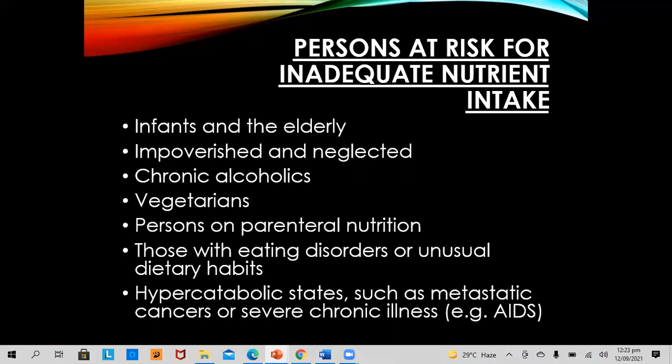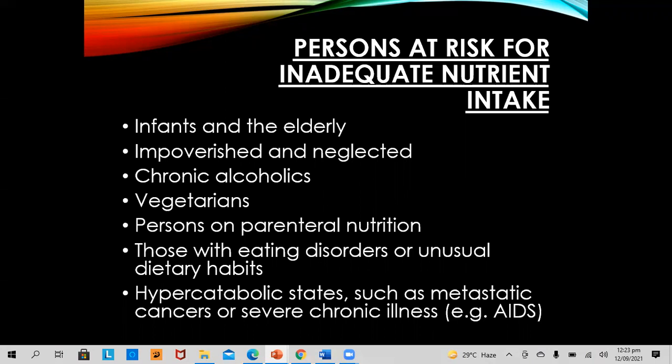Who are the persons at risk for inadequate nutritional intake? Infants and elderly who are usually dependent on others for their nutritional intake. Impoverished and neglected individuals. Chronic alcoholics.